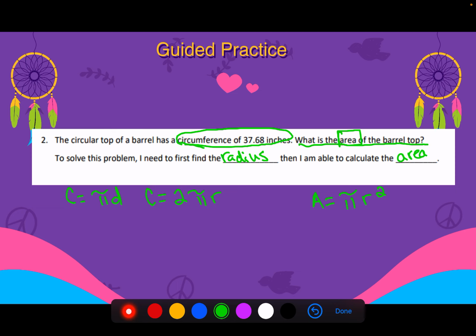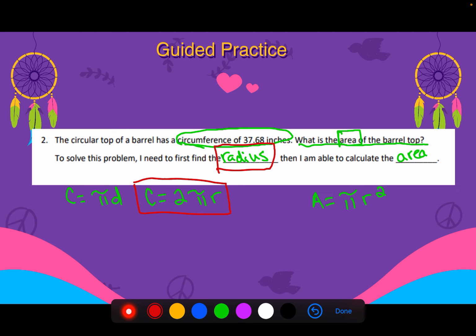So we want to know radius. So which formula do you think would be best to use? Okay, so if you said C equals 2 pi r, you are correct. So we're going to use this formula to work backwards to find our radius in order to be able to solve for area.